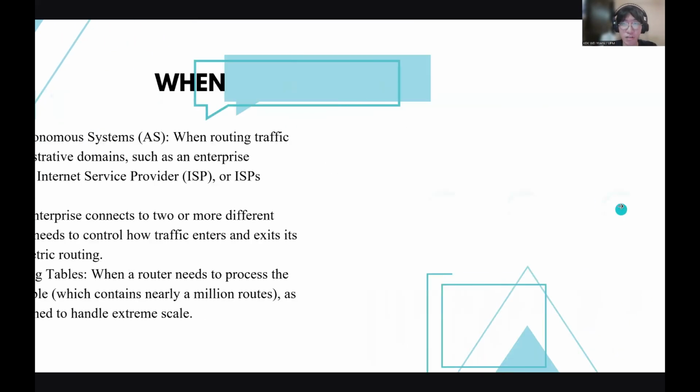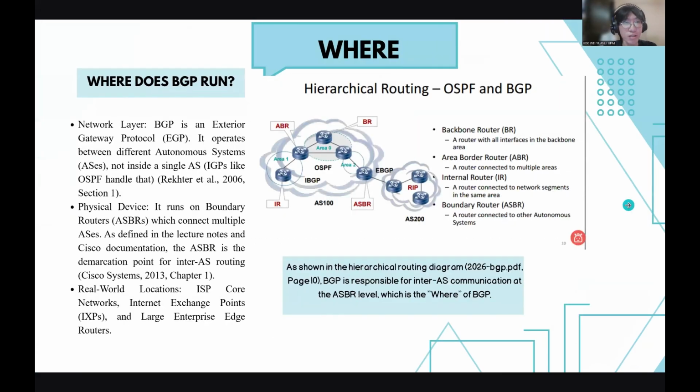So next, we move on to where BGP runs. First, logically, BGP runs on boundary routers, specifically the ASBR, Autonomous System Boundary Router, as we can see in our lecture diagram here.